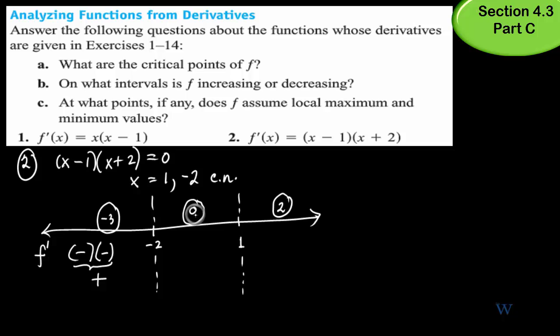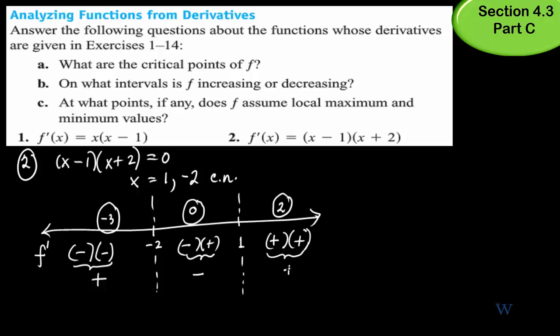And then plug in 0. 0 minus 1 is negative, and 0 plus 2 is positive. So what's the product? It's going to be negative. And then to the right, you have 2 minus 1, that's positive, and 2 plus 2 is 4, that's positive. Notice that I don't concern myself with the value, I'm concerned with the sign.